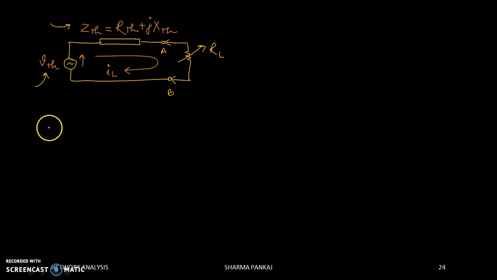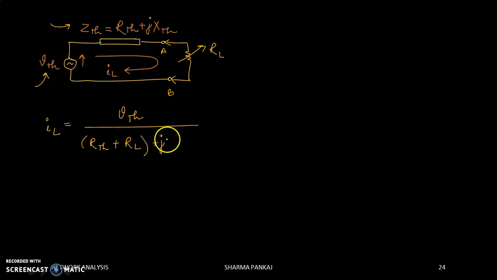Can we write the load current IL as IL is equal to VTH upon (RTH plus RL) plus jXTH? I have kept the real part under one bracket and the imaginary part separated from the real part.